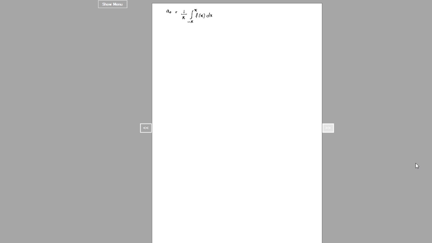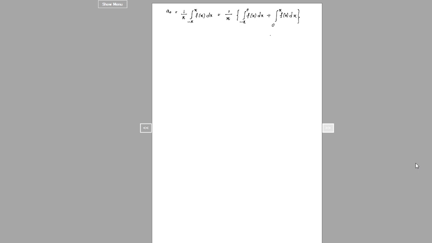As it is a discontinuous function, the integral will be split into two parts. That is 1 by pi times integral minus pi to 0 f of x dx plus integral 0 to pi f of x dx. So this is a way of splitting the function.